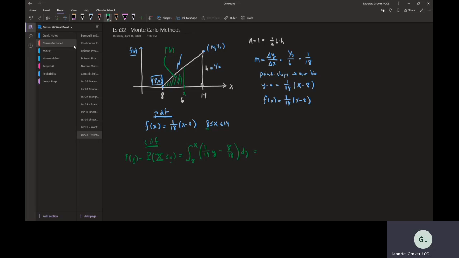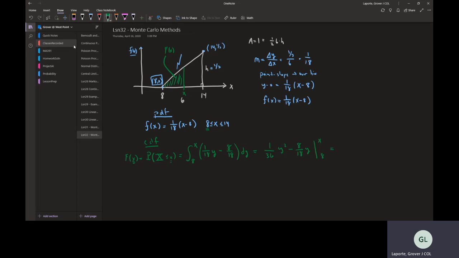So now we're sitting in a position where we can do our integration. Let's see, so it'd be 1 over y squared, 2 on the bottom, will leave us 36. And then minus 8 over 18, that would leave us with a y evaluated from x to 8. And then we do our substitutions.